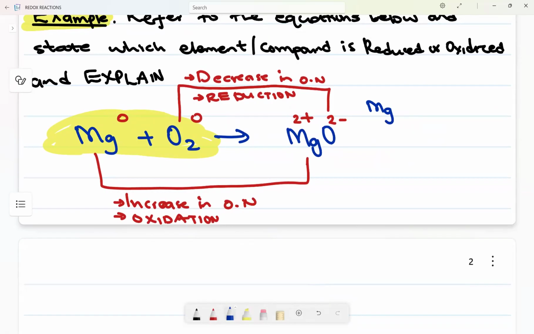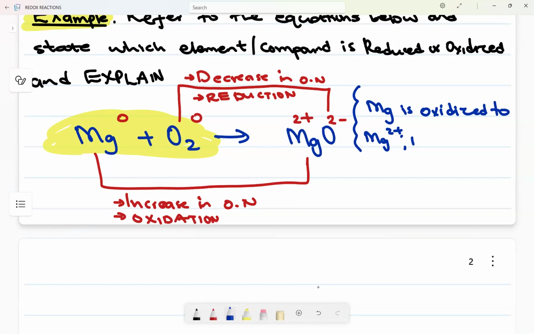So now when you answer this question, we say Mg, can you see there is an increase in oxidation number of Mg? So it is oxidized. Why? The reason is, it is oxidized to Mg2 plus. How do we know that?